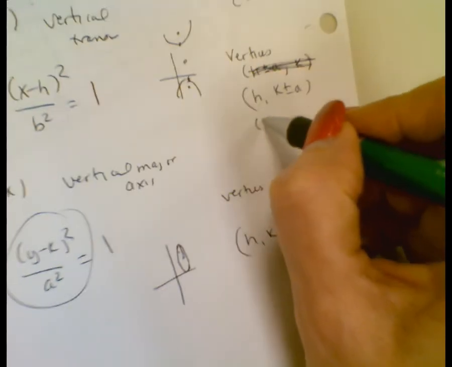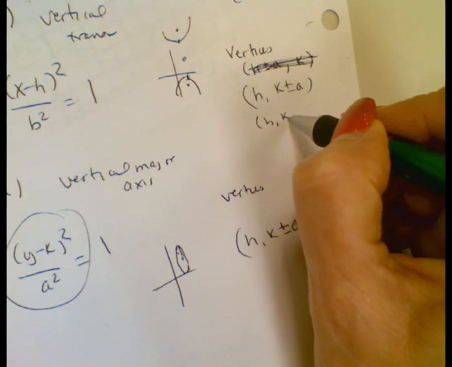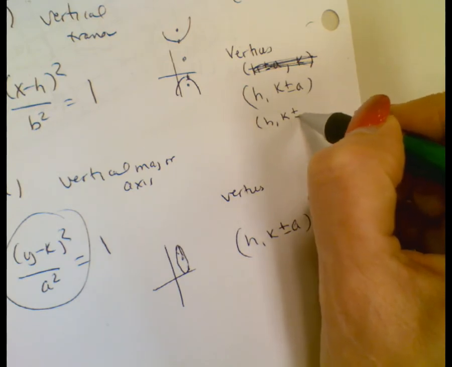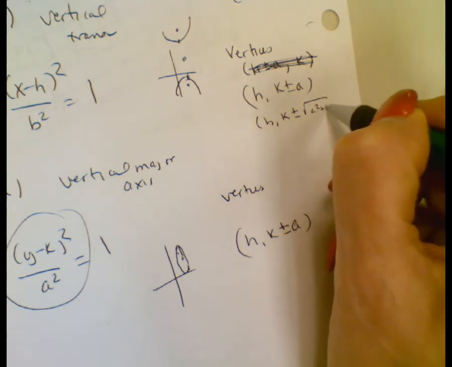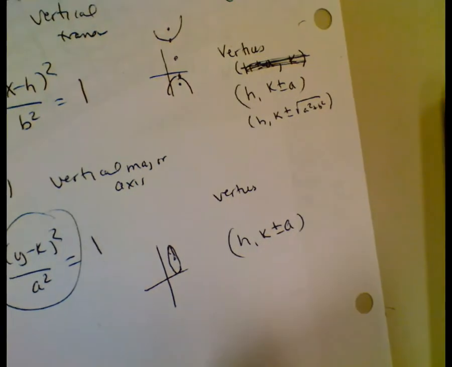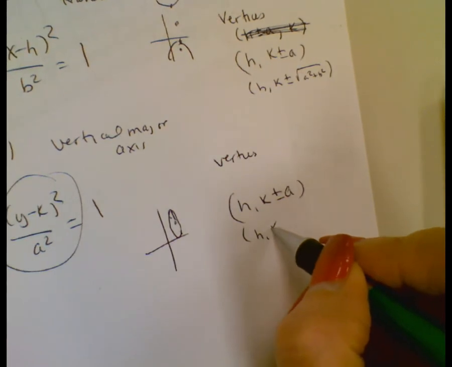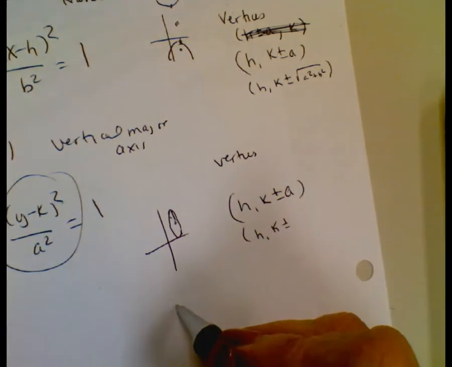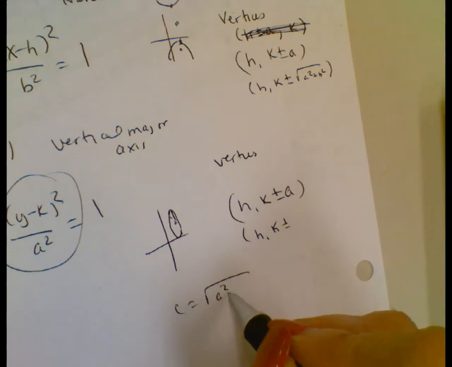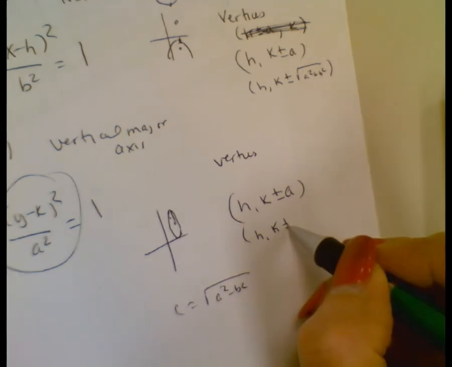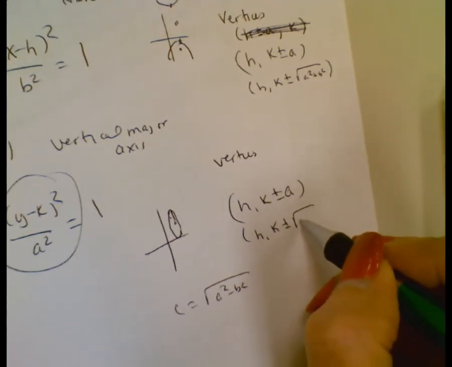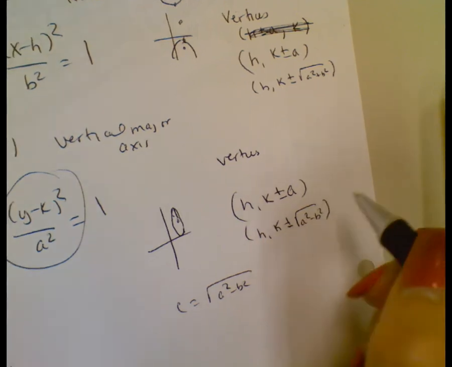They're going to have the same h, but it's the y coordinate plus or minus all of this. And then this one is c equals the square root of a squared minus b squared. So it's almost the same, except that this is going to be a squared minus b squared.